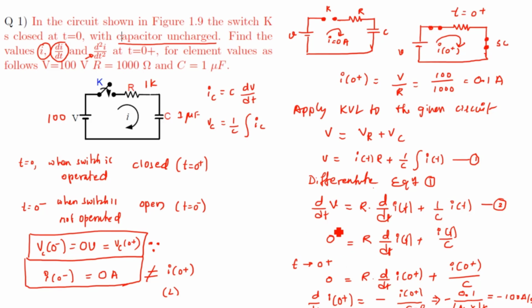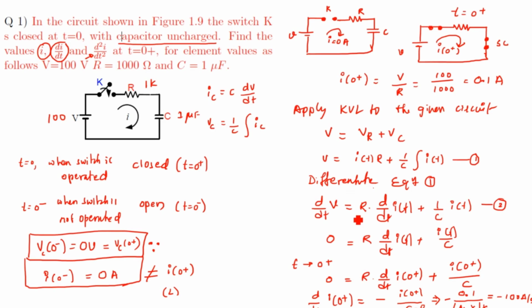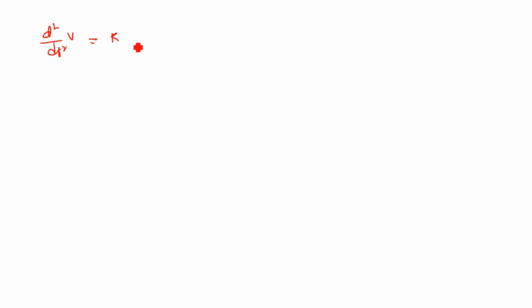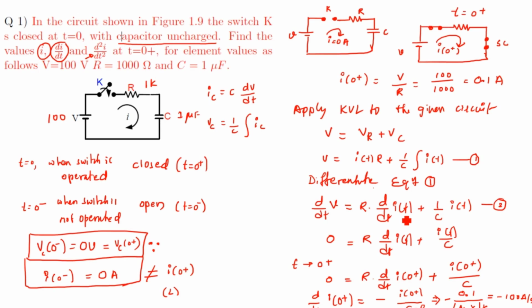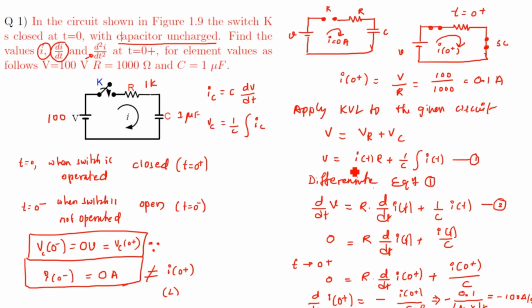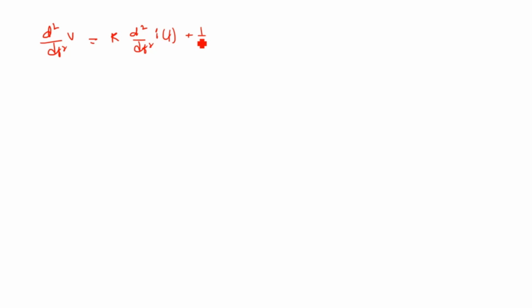Now let us differentiate equation number 2 once again. What will we get? d square by dt square of V equals R, which is constant here and kept as it is, times d square by dt square of I of t, plus 1 by C as it is, times the differentiation of I of t, that is d by dt of I of t.